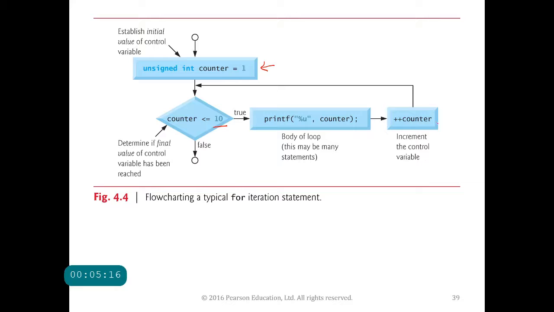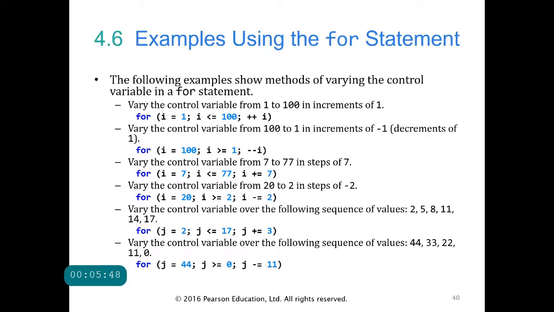It will then increment counter, and it will come back to the condition and check the condition. If it's true, repeat, and then once the condition is false, which will be when the loop has repeated 10 times, so at iteration number 11, counter will be 11, it will be false, and then your loop will terminate, and you will go to the next statement that comes after the body of the for loop.